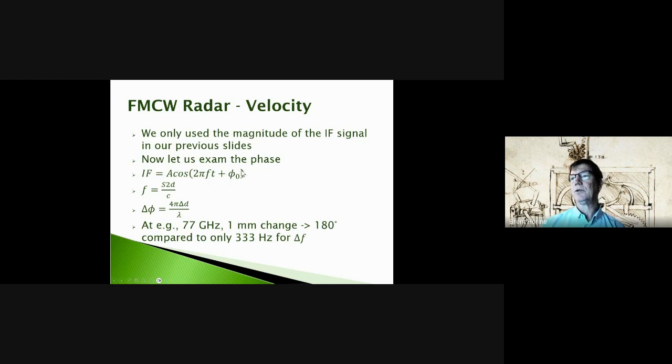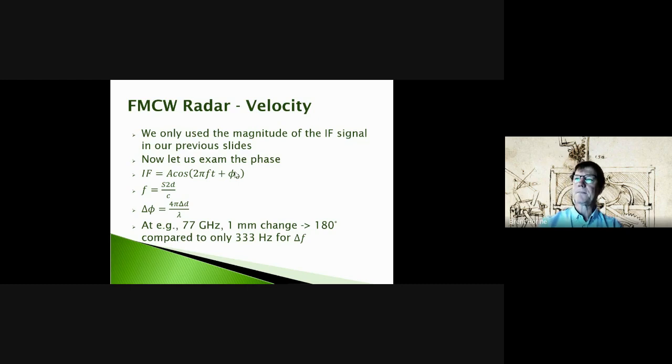So we can look at the phase and find that it's very sensitive to the distance. And as it turns out, you can do things like even monitor heartbeats in someone's chest by using an FMCW type radar. They're used in industrial applications quite a bit to monitor vibrations.